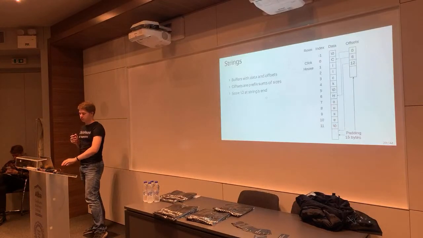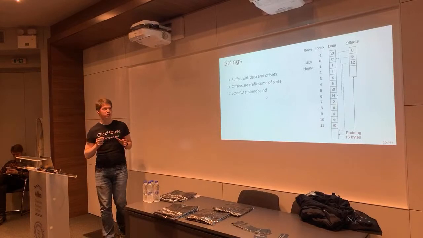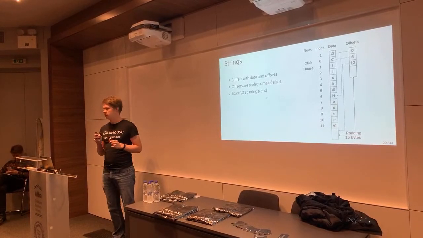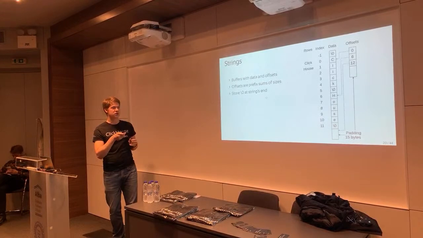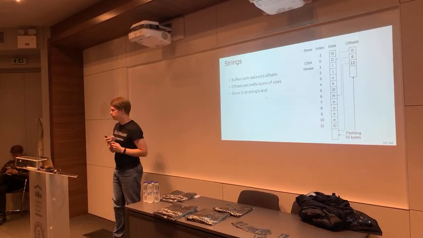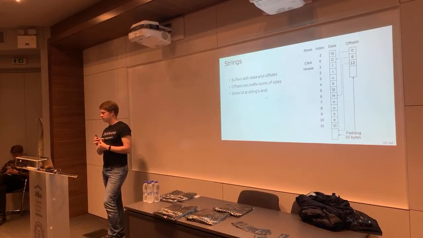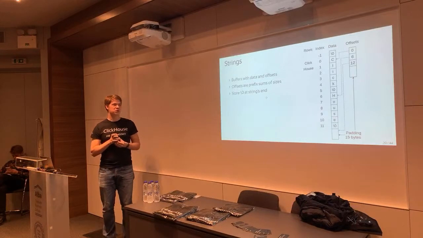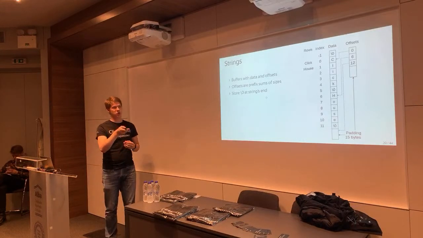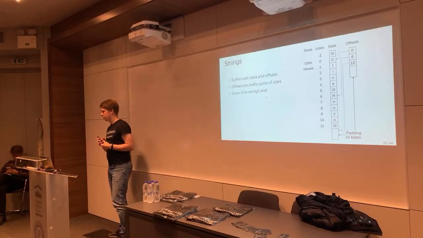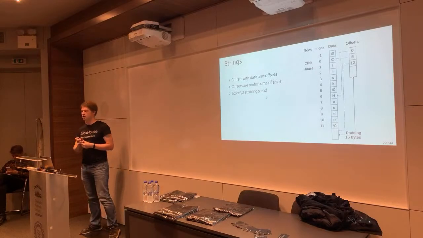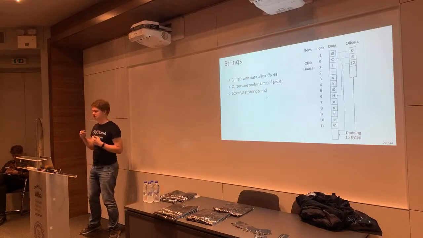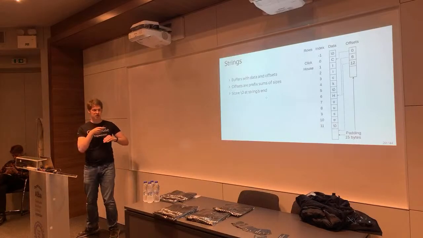When we store strings, it's a little bit more complicated. We already have 2 buffers. One buffer for characters and another one for offsets. So if you want to store 2 rows, ClickHouse, in the data buffer it will be like click/0 house/0. And in offsets is written, it's actually a prefix sum of our string lengths.